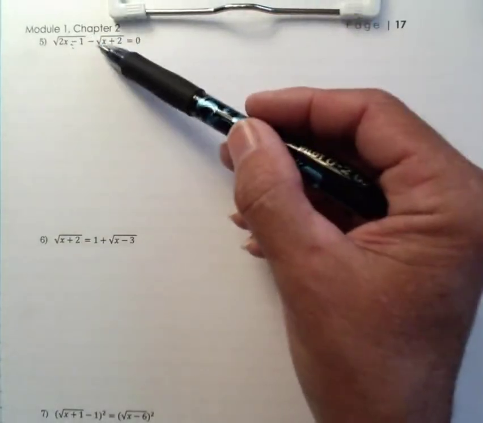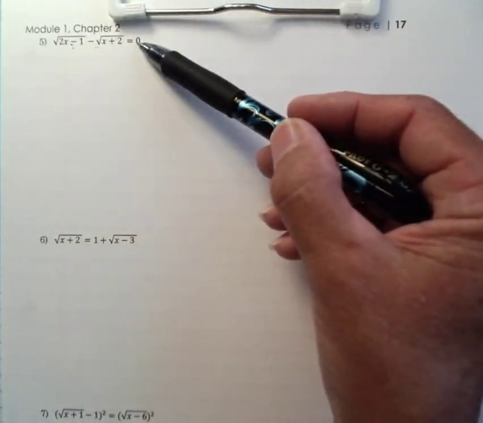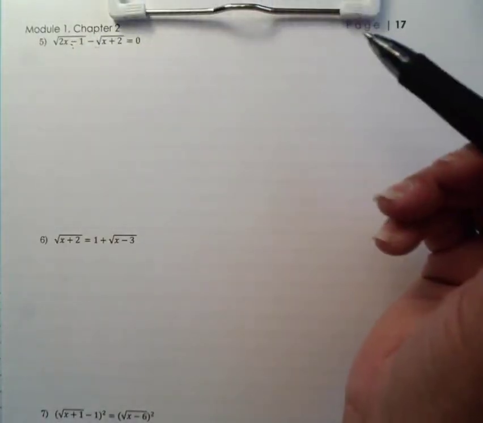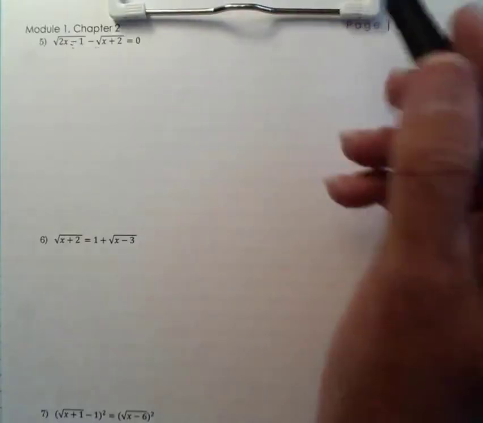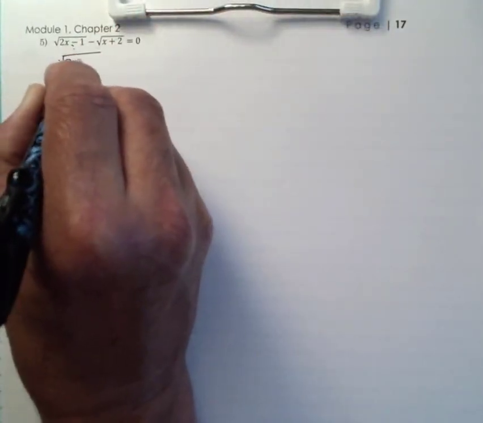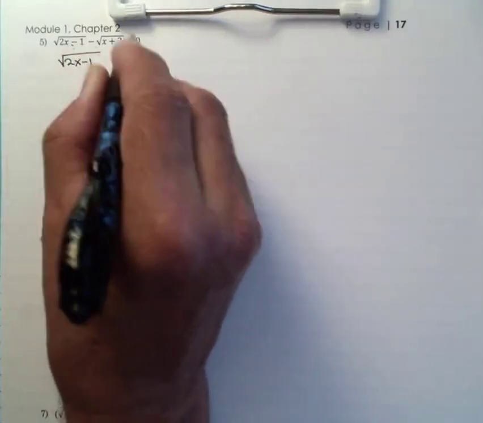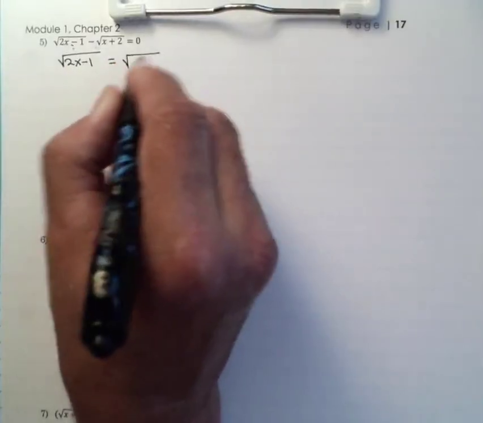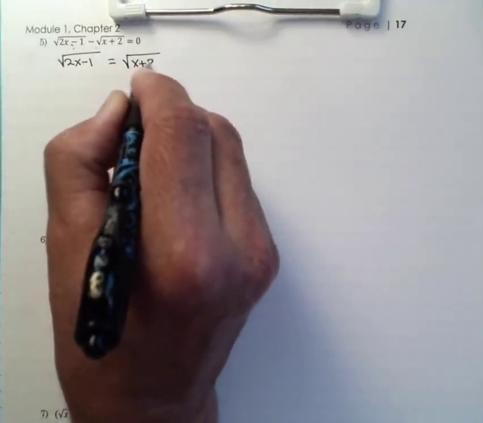First, I have 2 terms, and then 0 on the other side of the equation. And if I can get the radicals to be 1 on each side, I can just go ahead and square both sides and I'll be done with my radicals. So let's do that. Let's say the square root of 2x minus 1, and I'm going to add this second term to the other side, and when I add it, I end up with a positive square root of x plus 2.